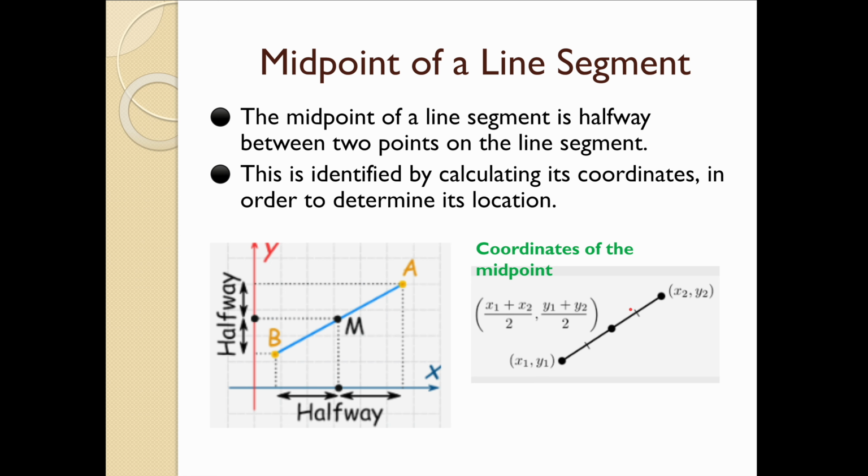Therefore, our formula to get that would be this. So x1 plus x2, so whatever the coordinate is for here and the coordinate is for here, we will use those values: x1 plus x2 divided by 2, then y1 plus y2 divided by 2, and each of those would represent the x and y coordinates of the midpoint. So take this down and we'll go through examples so you guys could see and understand what we were just talking about. And make sure y'all write down your notes, okay?